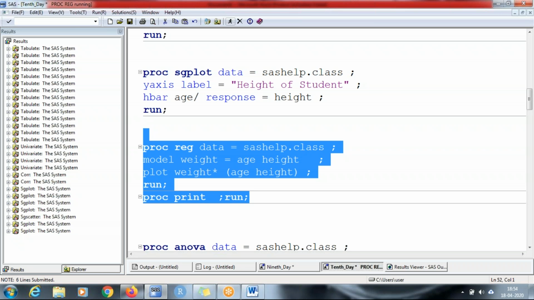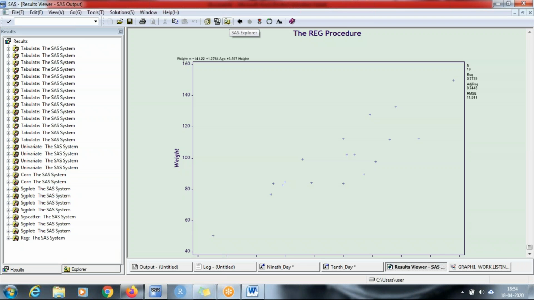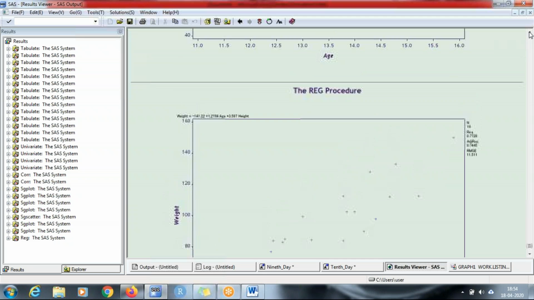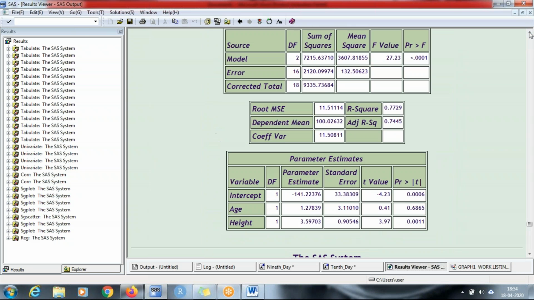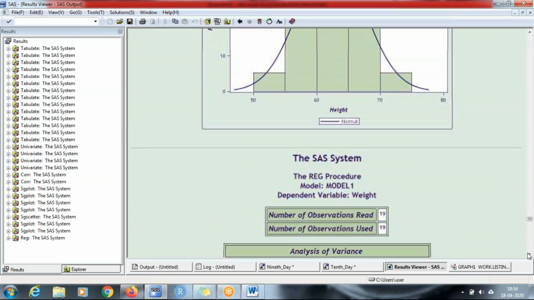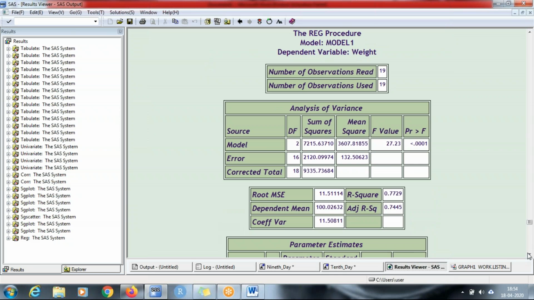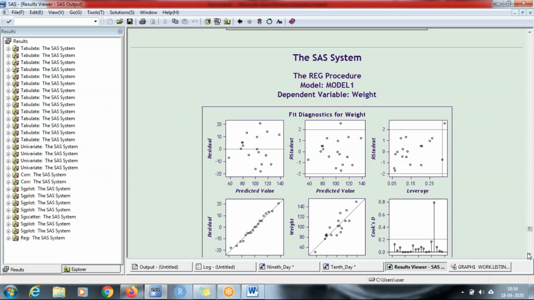It will take a little time. So here is the output of your regression proc reg procedure. It contains a lot of statistics, right? Your ANOVA table, your parameter estimates, right? And the diagnostic graphs.